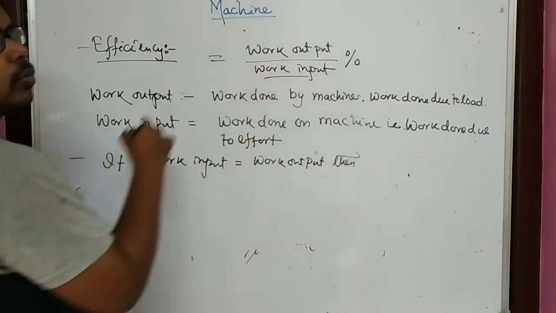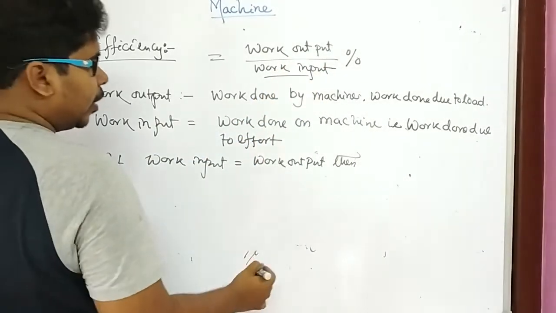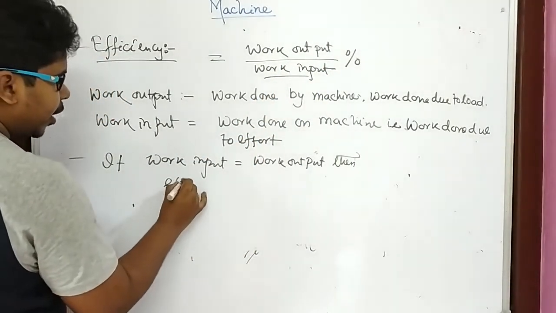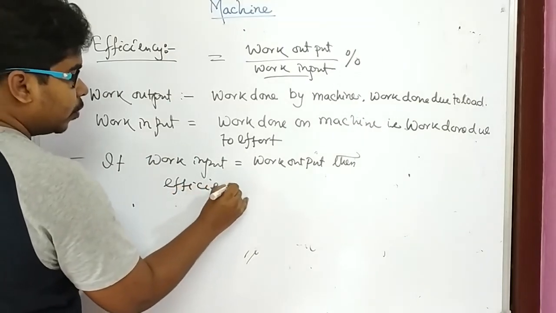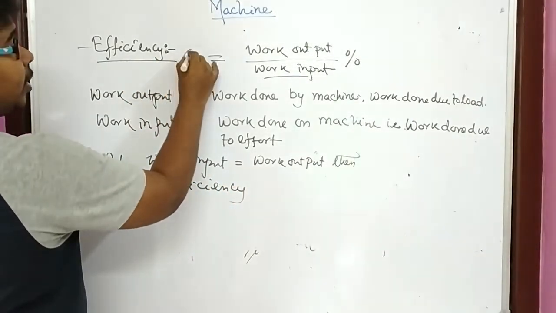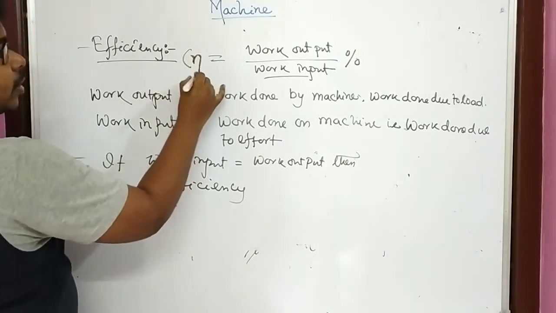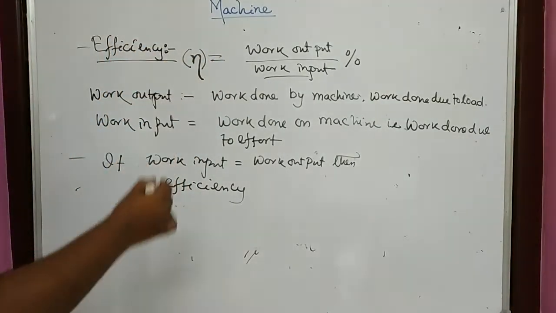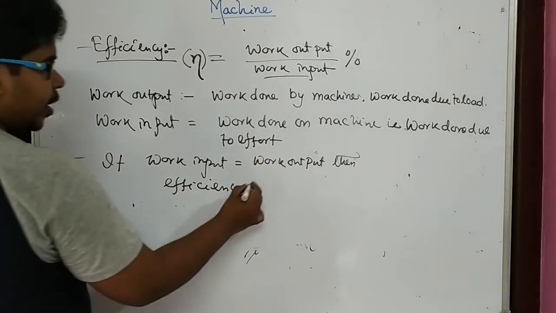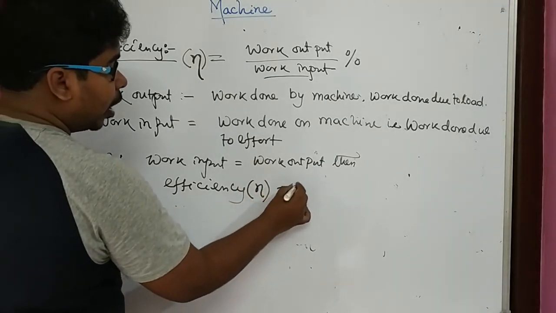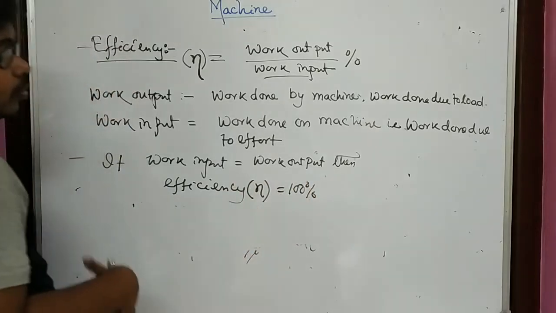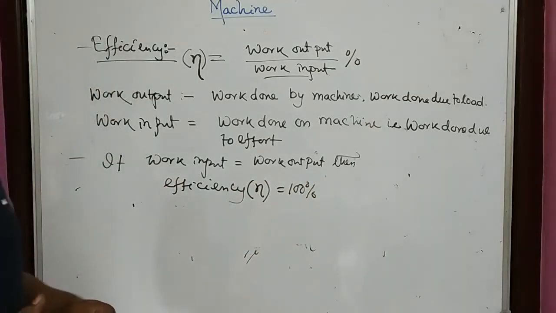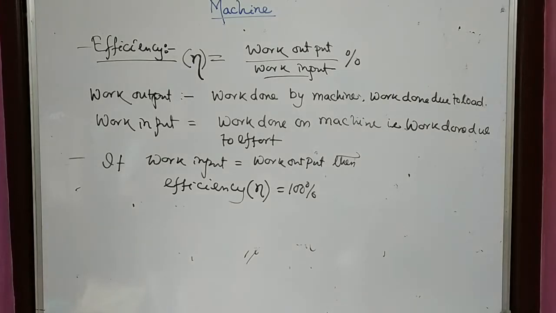Then if I convert it into percentage, efficiency, which is denoted by eta, just like n with one part of the n extended, efficiency eta equals 100%. How much work you have done, you have received that much work. But generally it is not possible.